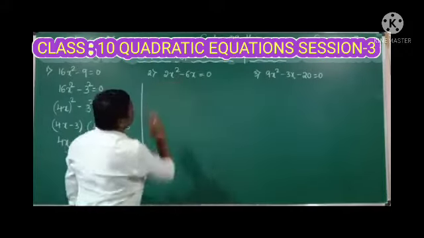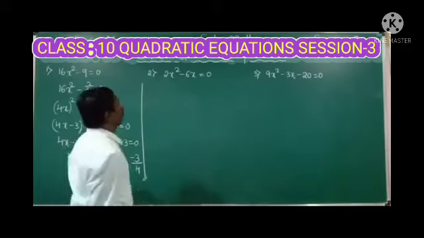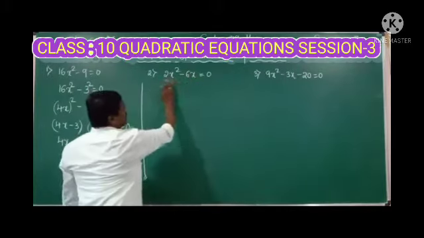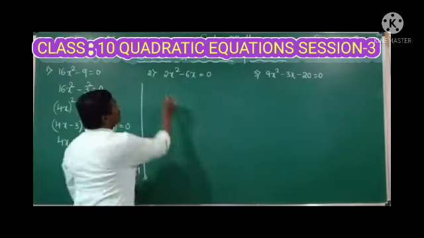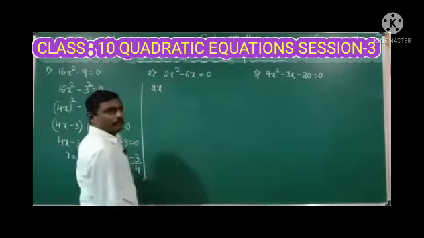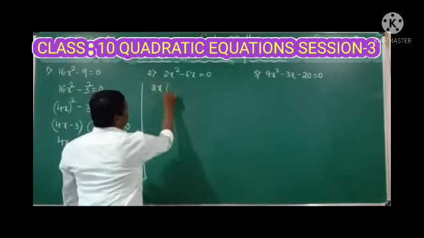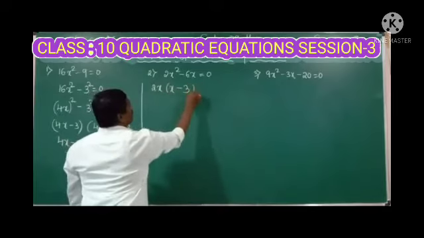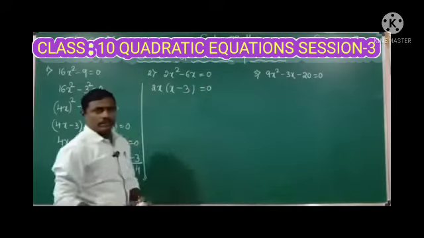Simplify the given quadratic equation by the factorization method. Just identify what common terms exist in these two terms. You can easily take 2x as common. If I take 2x as common, the remaining terms are x minus 3 is equal to 0.